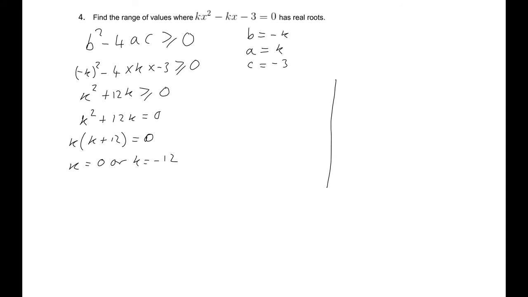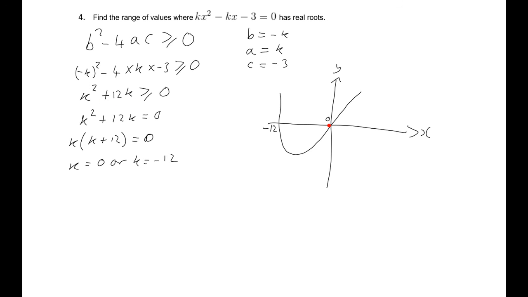When we draw it, right, that's our 0 point. That's minus 12. Now, we wanted b squared minus 4ac to be bigger than or equal to 0. So we wanted this to be bigger than or equal to 0.